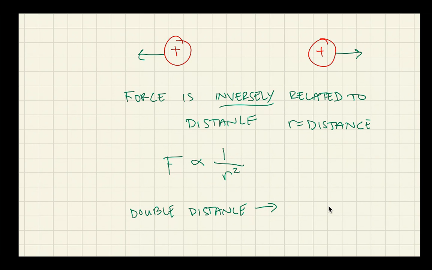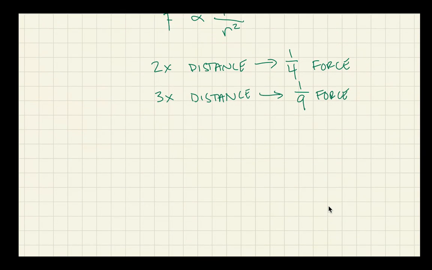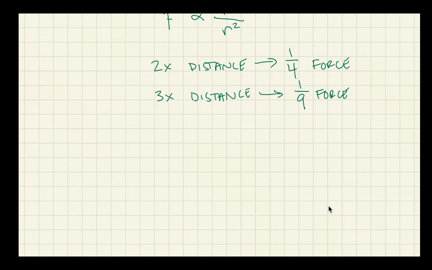It goes down by a factor of 4, 1/4 the force. So 2 times the distance means 1/4 the force. 3 times the distance actually turns out to mean 1/9 the force. In other words, it's not just the inverse. The inverse would be, say, 1/2 or 1/3. It's the inverse squared, 1/2 squared or 1/3 squared.